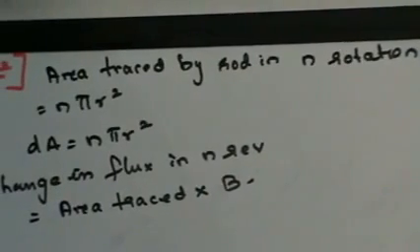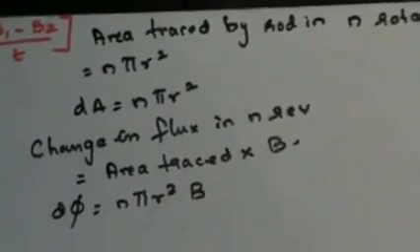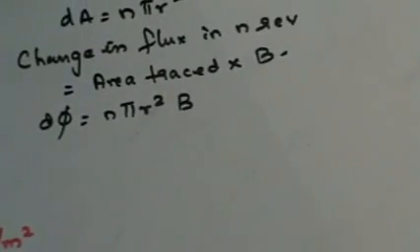Change in magnetic flux is d phi. Area traced in n revolutions is n times pi r square into B. That is going to be my change in flux per second, because this is the area that is traced per second.